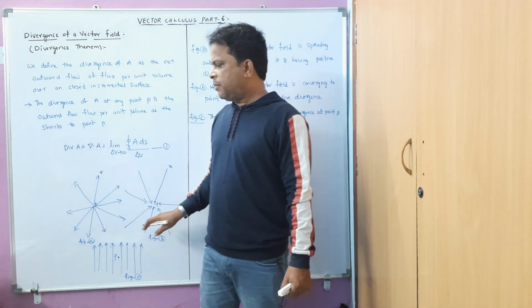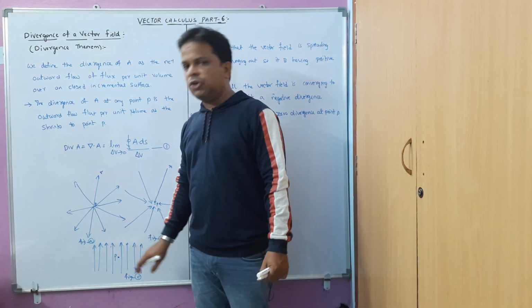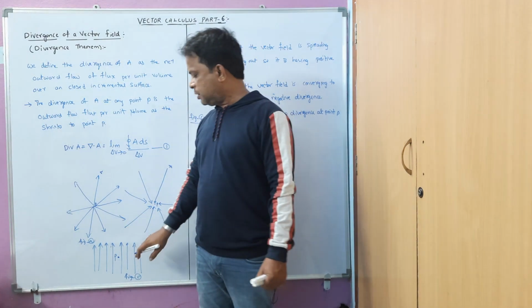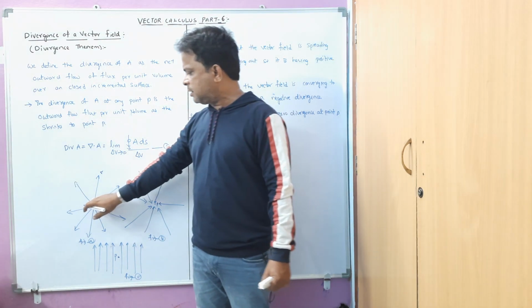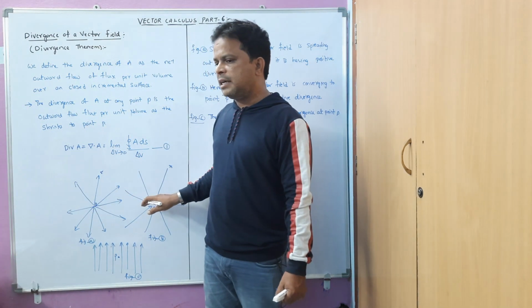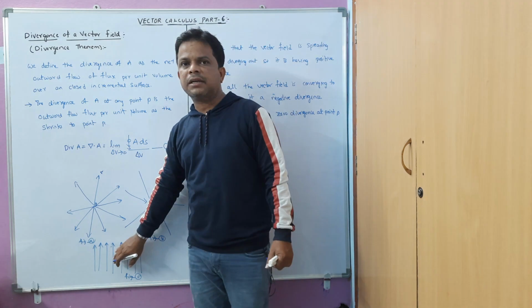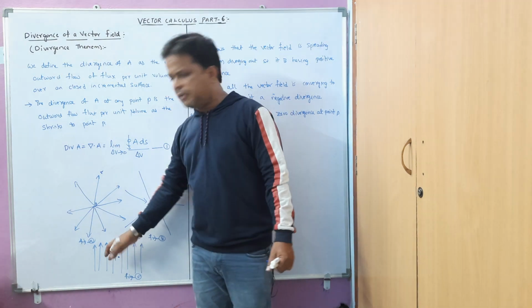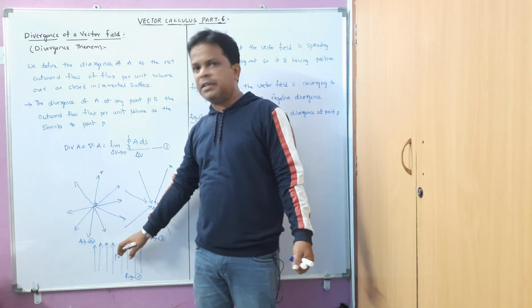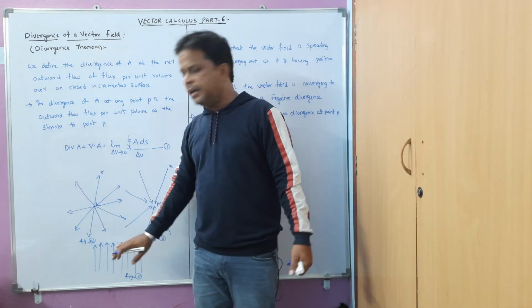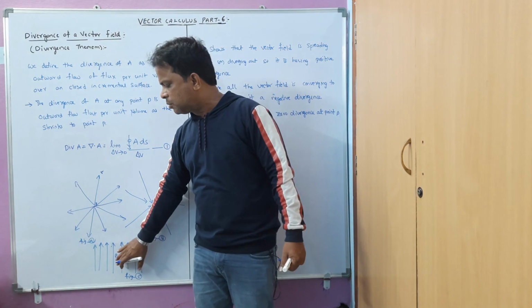Okay, and suppose all these points are the source points, these are the sink points, and this is neither source nor sink, because this point is unaffected by this vector field A, so that's why we are saying that this is neither source nor sink.